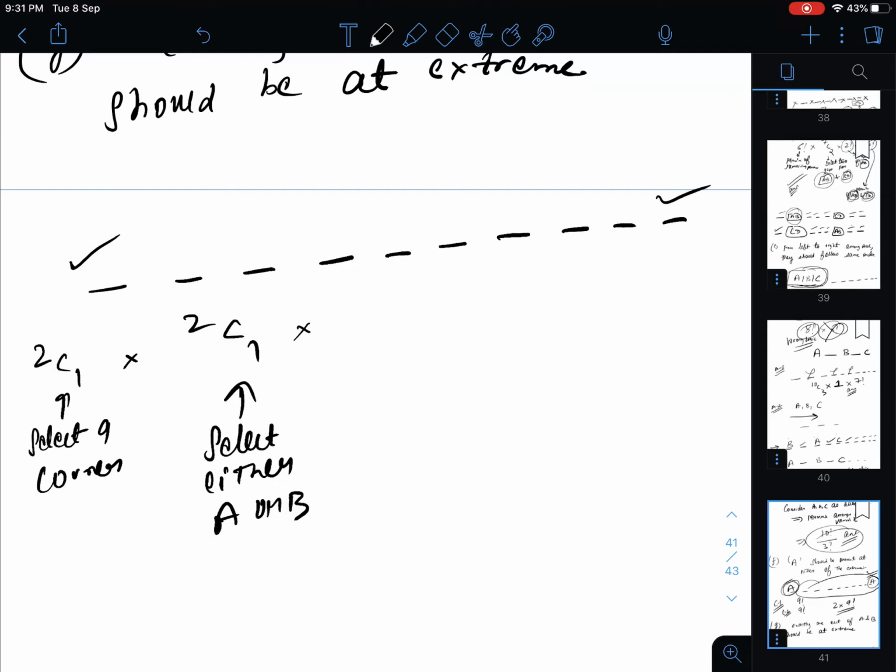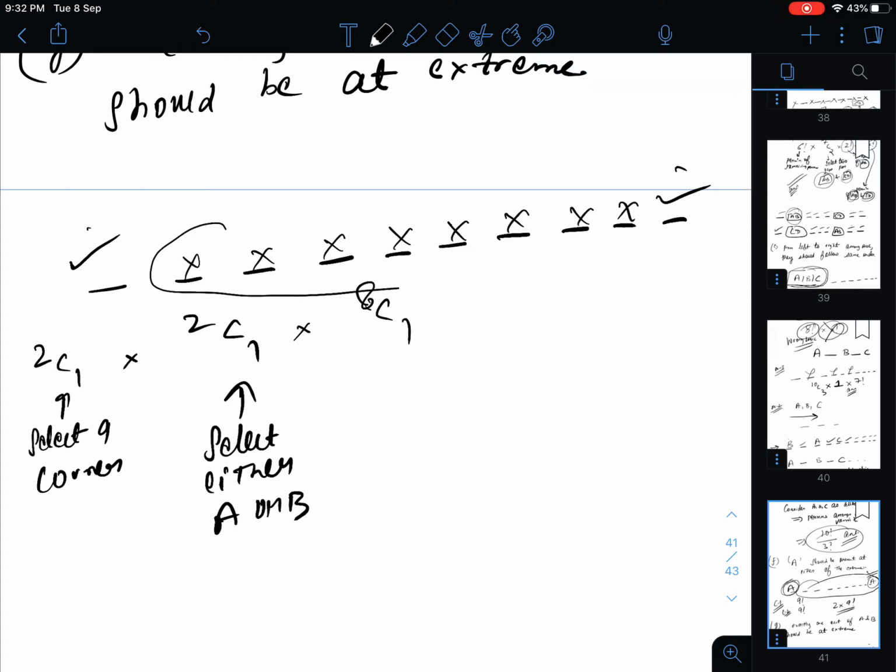Then you have 1 2 3 4 5 6 7 8 places left. Now you have to ensure that once you have selected a corner, either this one or this one, and you select whether you want to put A or B at the corner, whichever is left, either A or B, you have to ensure that the person who is left does not occupy the remaining corner.